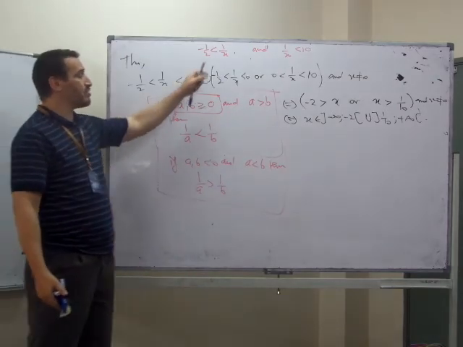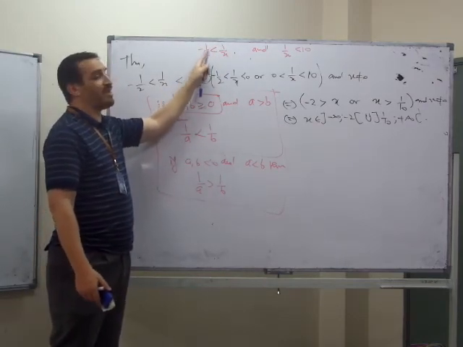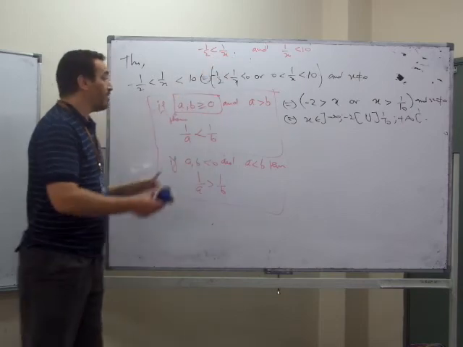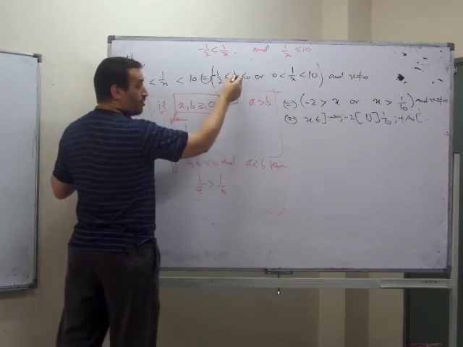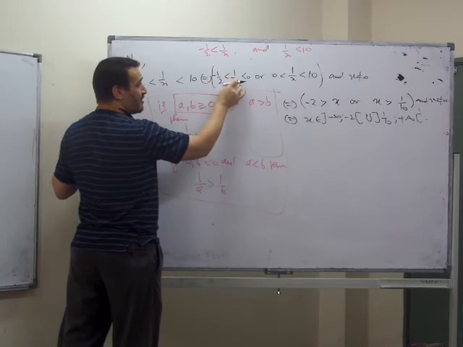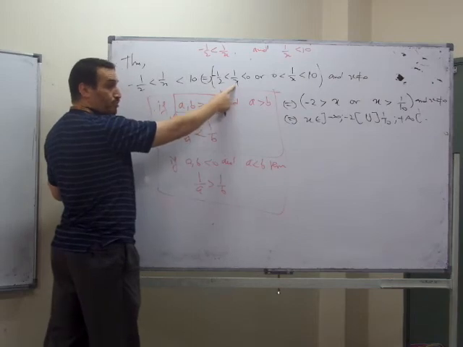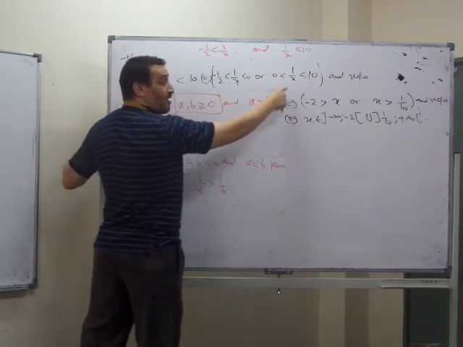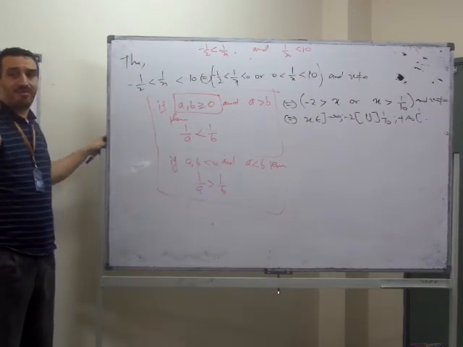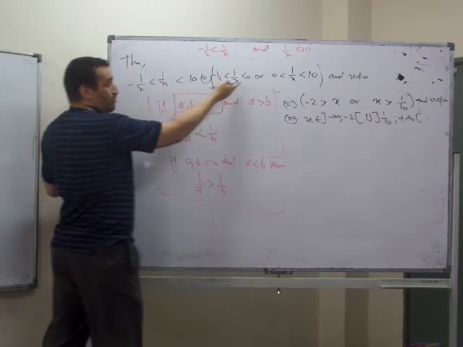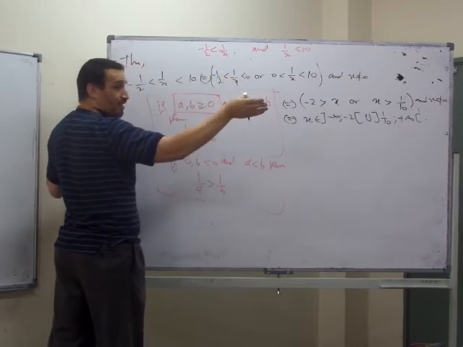Again, I can't use these properties for the previous cases because I have 1 over x is bigger than negative half, and x is in R. Now for this here, if this is true, then x is somehow negative. Right? x is a negative number for this to be true. For this to be true, x is a positive number. I'm not discussing the sign of it right now. But if I want to say something about the sign, I can multiply by x, like we did before.